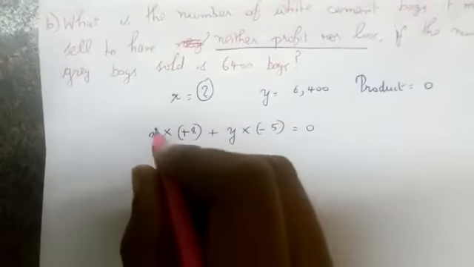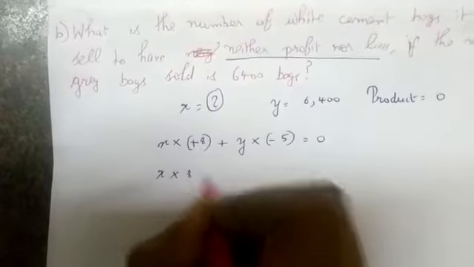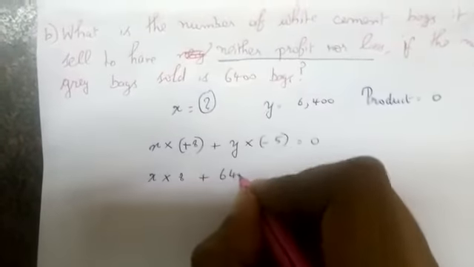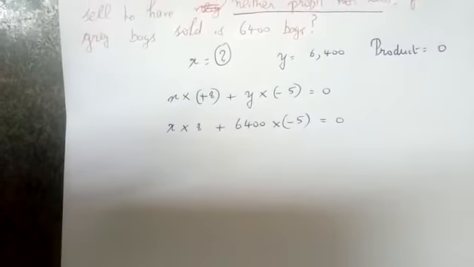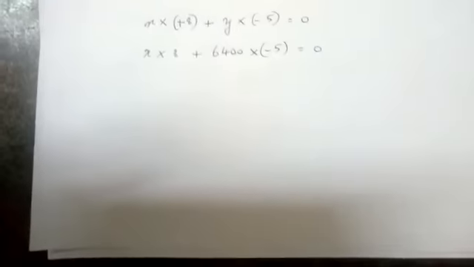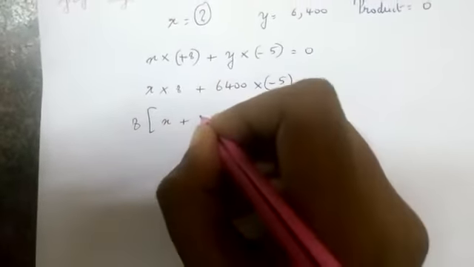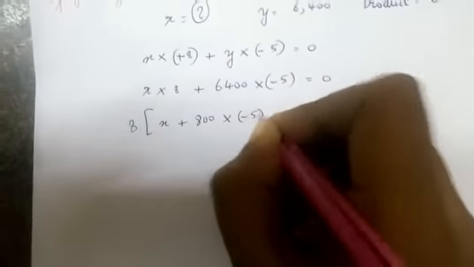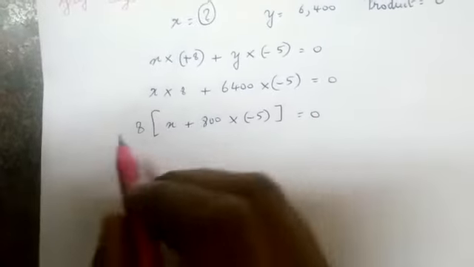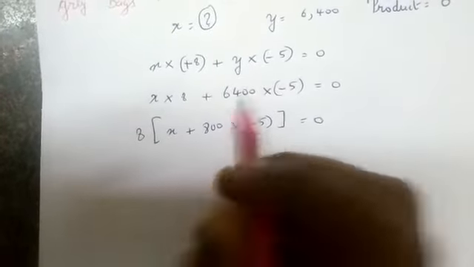Substituting X and Y, as you already know, you have to find X. So keep X there, into 8 plus Y, which is 6400, into minus 5, which gives you 0. Again you can take 8 as common using distributive property, which will give you 8 into X plus 800 into minus 5 is equal to 0, as 8 into 800 is 6400.